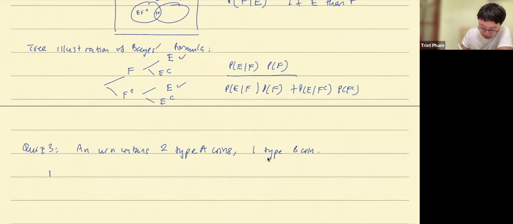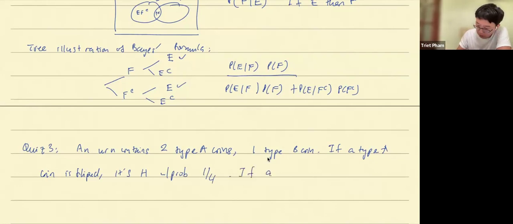If a type A coin is flipped, it's head with probability 1/4.